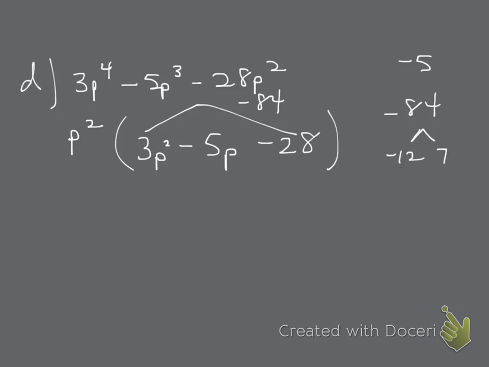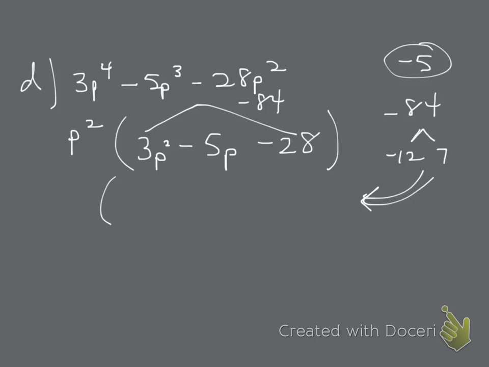Now, what am I going to do with these this time? Because I didn't drop the parentheses this time. So what's my next step? Make it into a 4-term polynomial. Okay, so how do I do that?